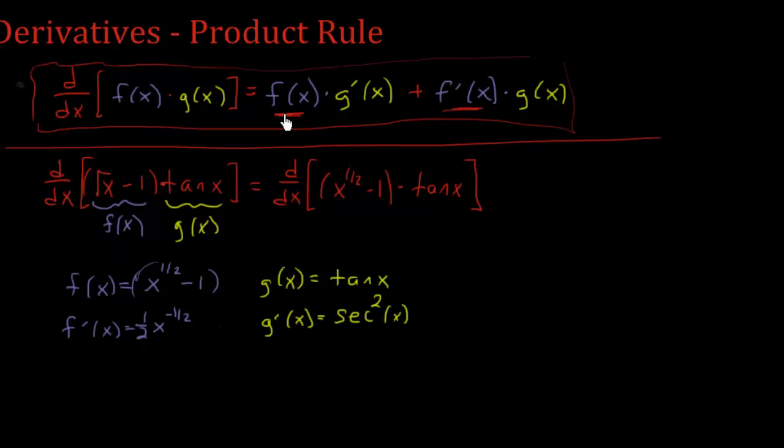The derivative is going to be f times g prime, plus f prime times g. It's probably safe to put things in parentheses here. Times g, so that's tangent. And there you go, there's your derivative of this function using the product rule.